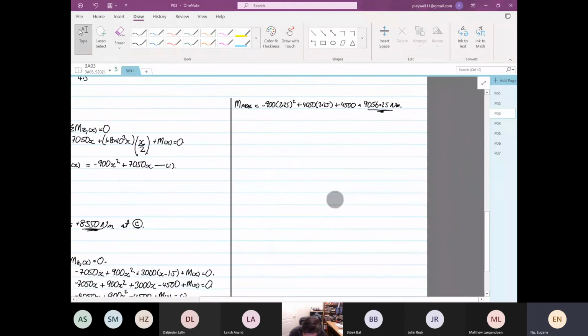So how does this actually look like? So we're going to sketch by looking at the parent function. So this is our x. Now I'm only going to focus on positive bending.